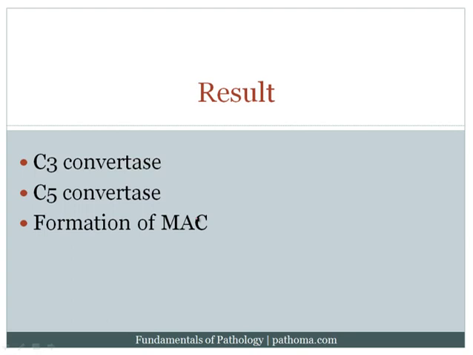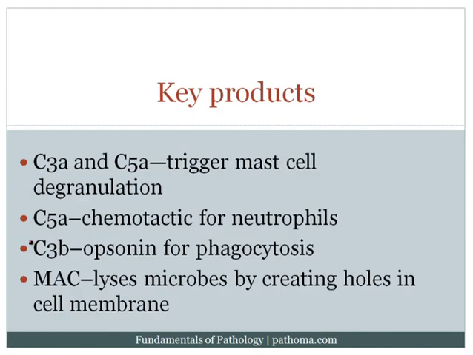And then C5b complexes with C6 to C9 to produce something called the membrane attack complex. And the membrane attack complex produces a hole within the membrane that allows for lysis of the microorganism. So these are really the three key results. C3 convertase generating C3a and C3b, C5 convertase generating C5a and C5b, and then C5b joining with C6 to C9 to form the membrane attack complex.